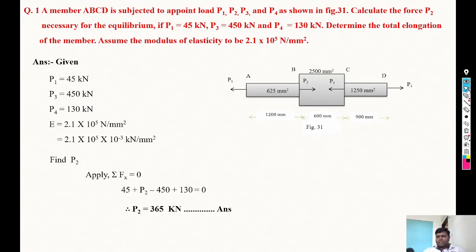Okay, so just consider this P2 is in minus. It should be in minus. So by using this minus 45, it is 365 kilonewton.